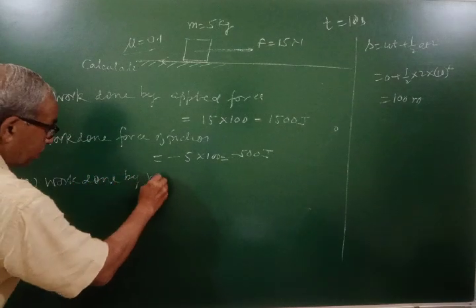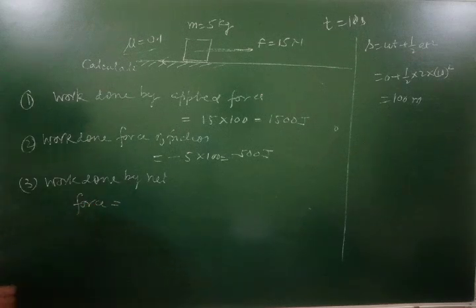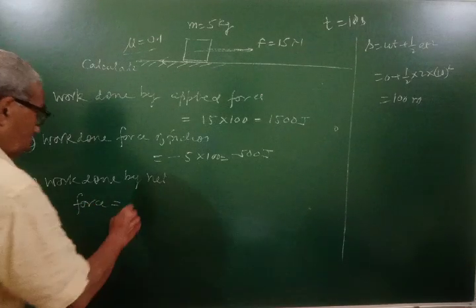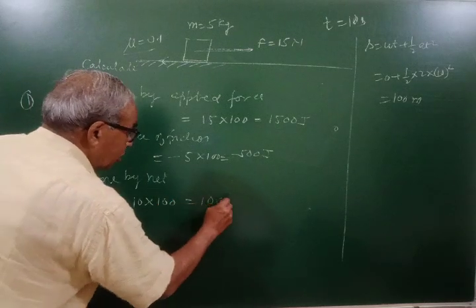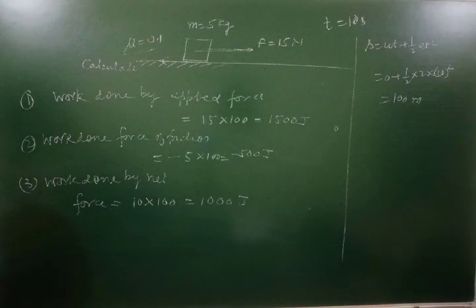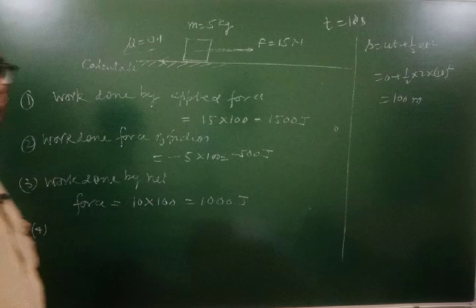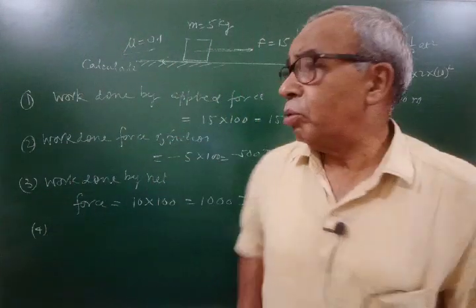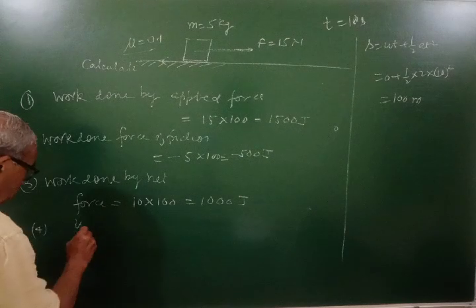Number 3, work done by net force. Net force was how much? That was 10 Newton. So 10 into distance, which is 100 meter. It is 1000 joule. Then you are asked here change in kinetic energy. For change in kinetic energy, initial velocity u is equal to 0.